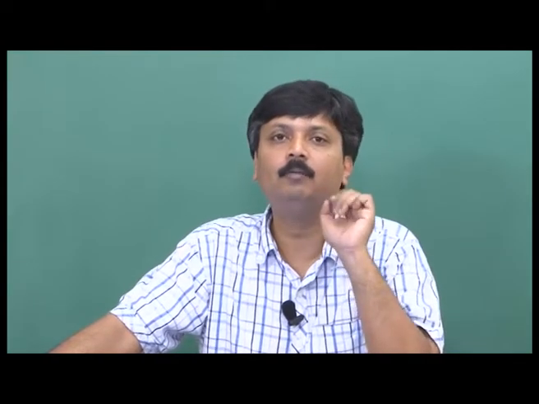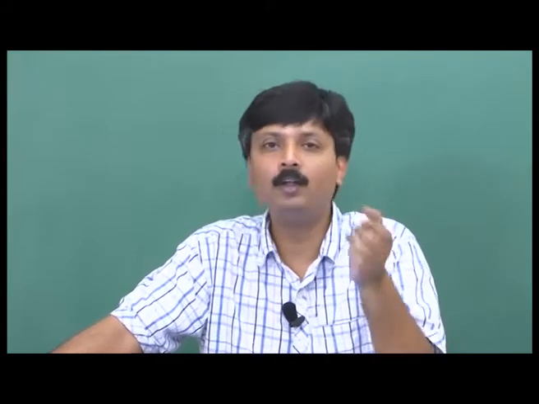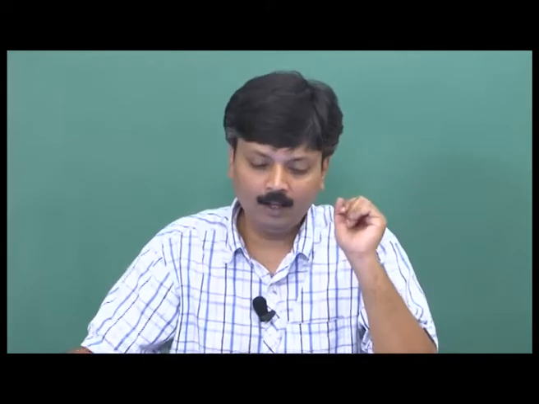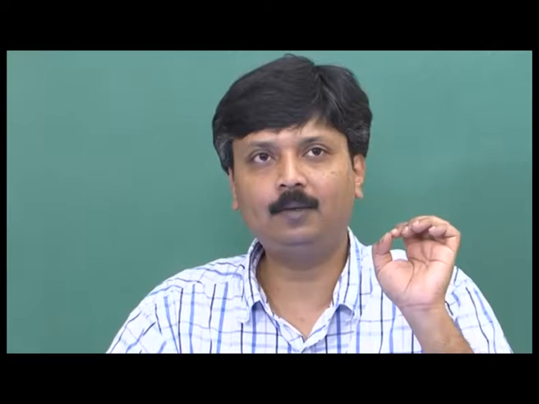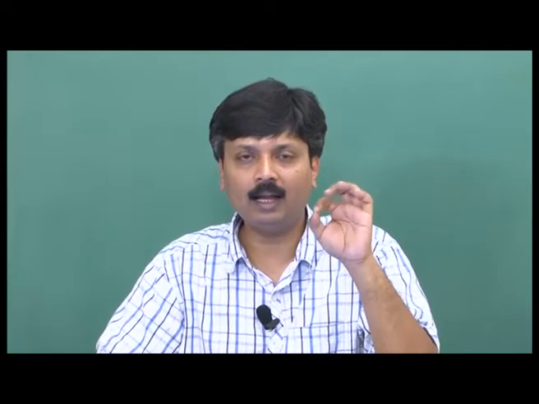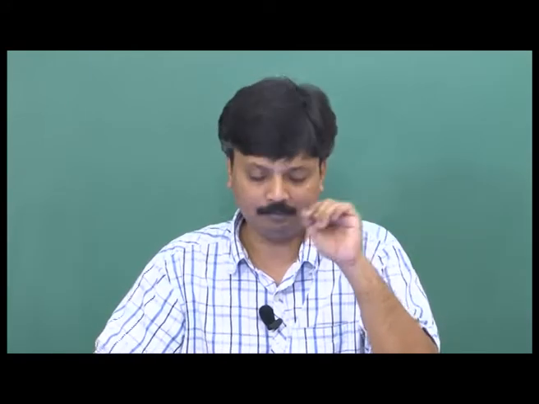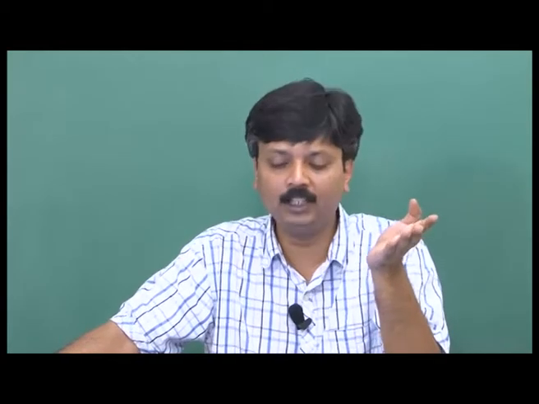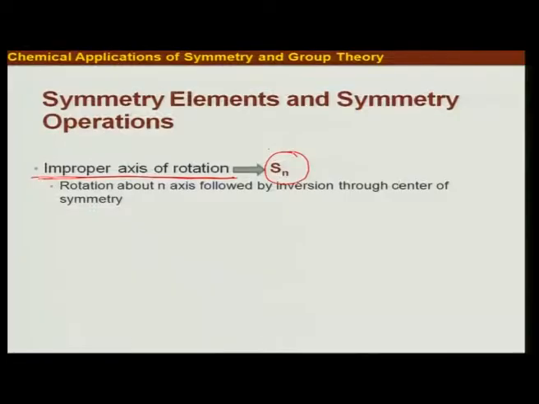This term will be more clear when I discuss something which is improper, and here we come. So the name itself suggests that probably there is no such existence of an axis in reality. Let's have a look at it. What does it mean? So let's look at the definition of this improper axis of rotation.